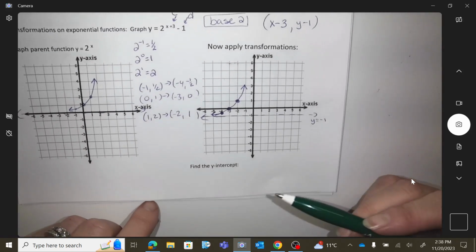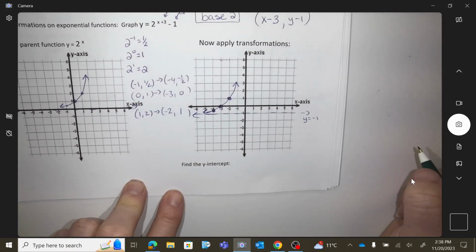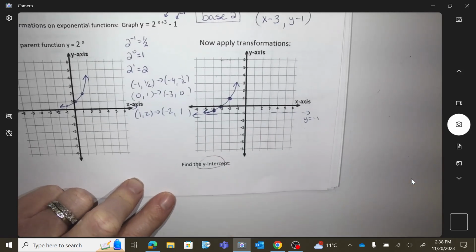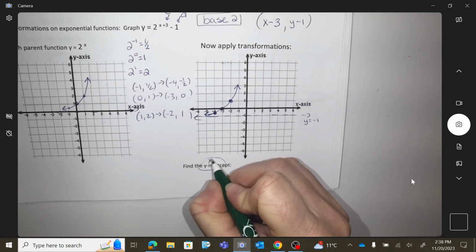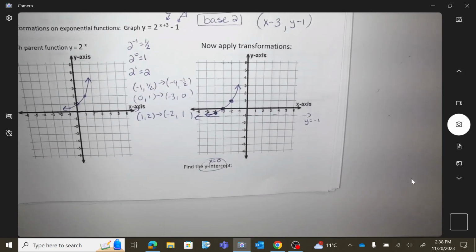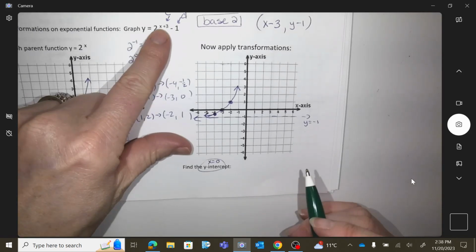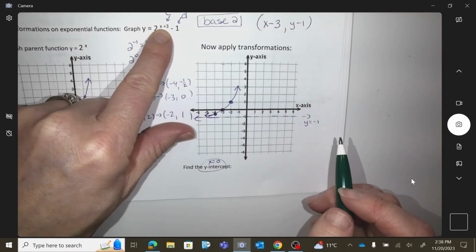Find the y-intercept. So what is the definition of a y-intercept? Where x equals 0. That's the definition of it. So do that. See there's an x right there? Make it 0.